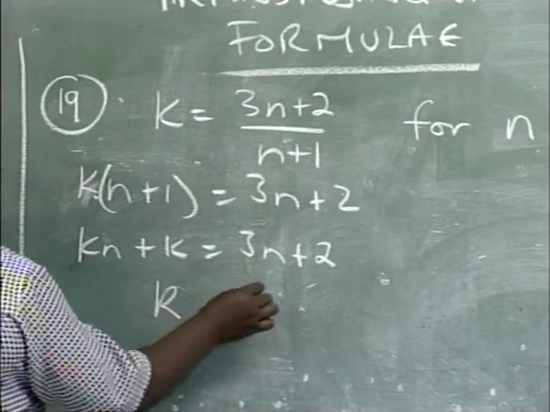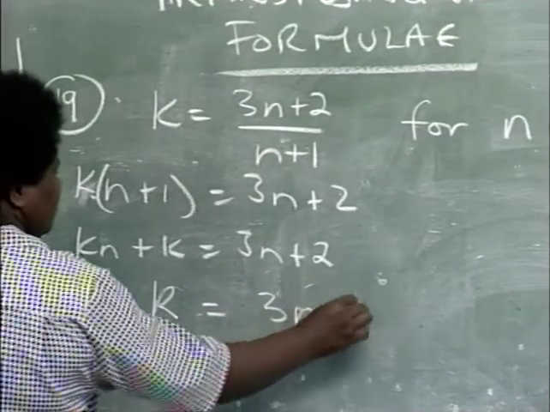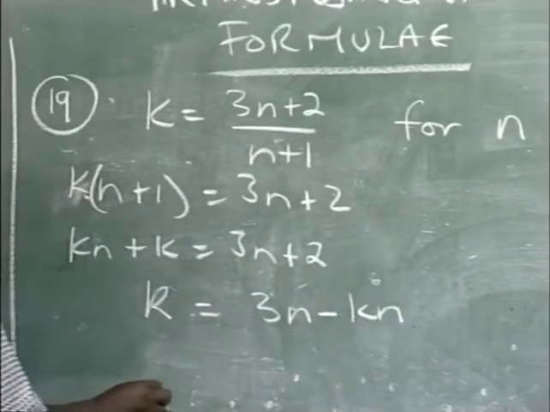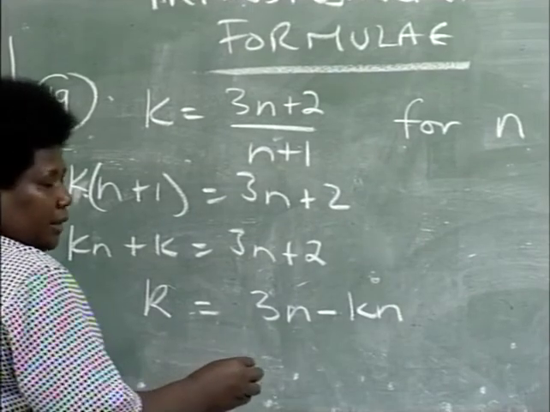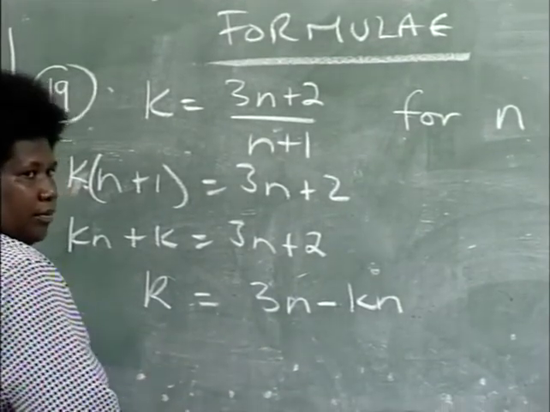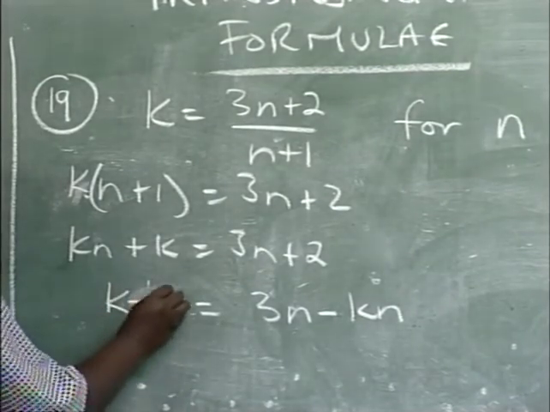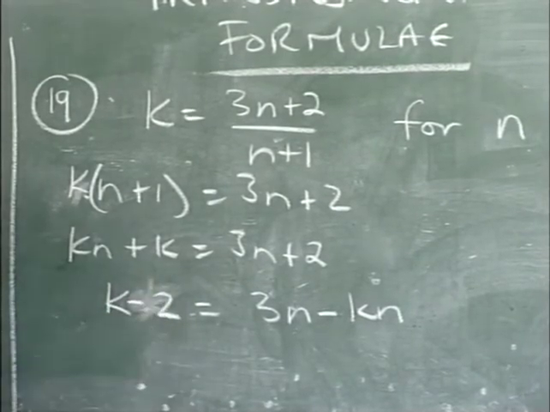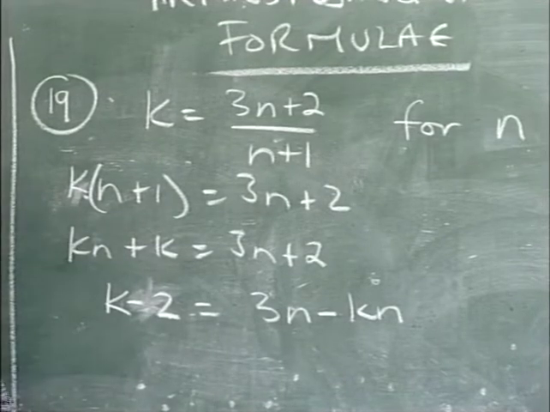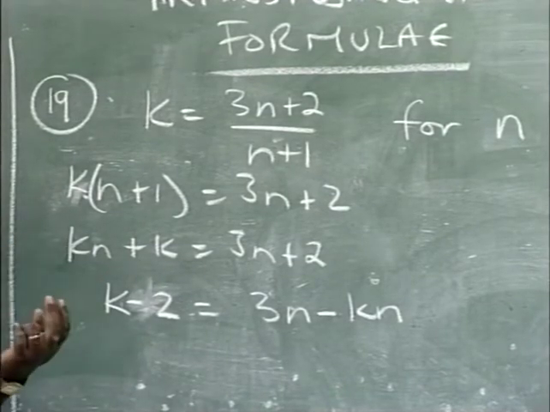Minus kn on both sides. So k equals 3n minus kn. And then next one, should I subtract 2? Yeah. Okay, I'll just subtract it. K minus 2. Remember I said that you can actually do two things at the same time.